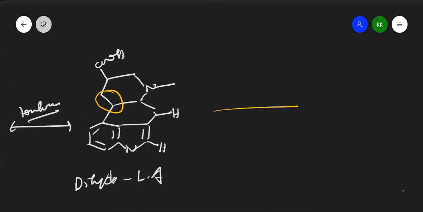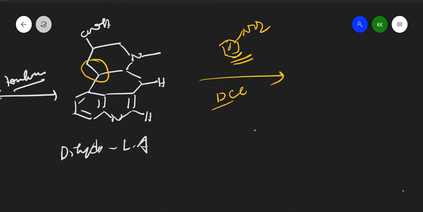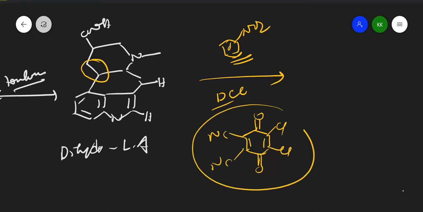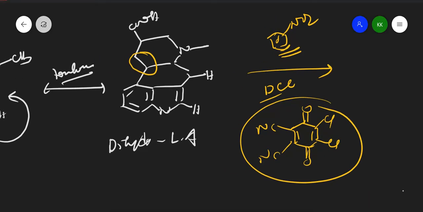Further, if I add an oxidizing agent like nitrobenzene, right? Like nitrobenzene they will use, or DDQ, dichlorodicyanoquinone, if you want to know the structure. This is the thing, so this is DDQ, dicyanoquinone. These are the oxidizing agents which will remove these two hydrogens, this hydrogen and this hydrogen, right?